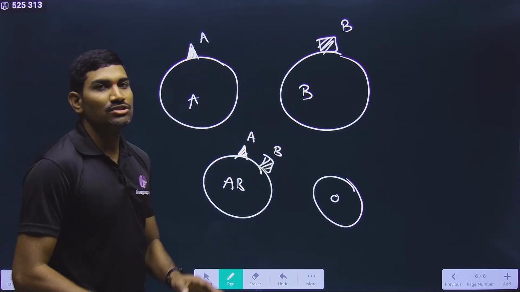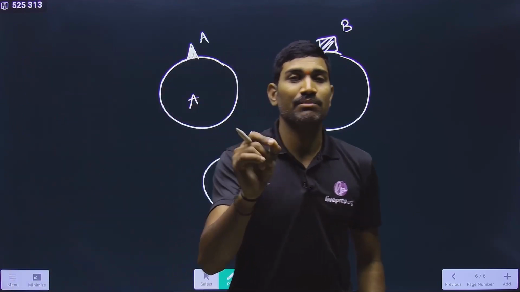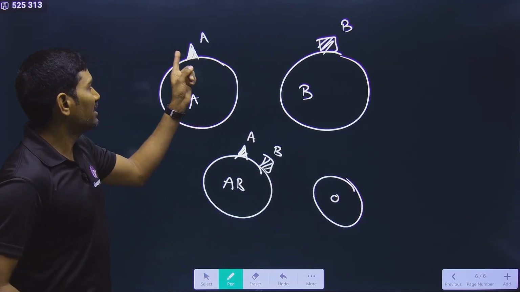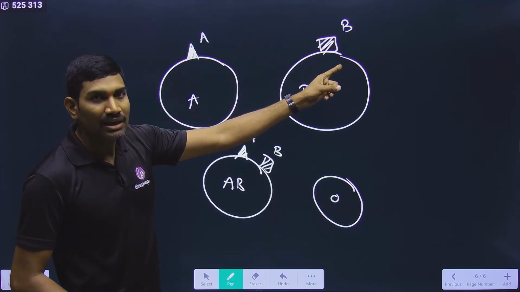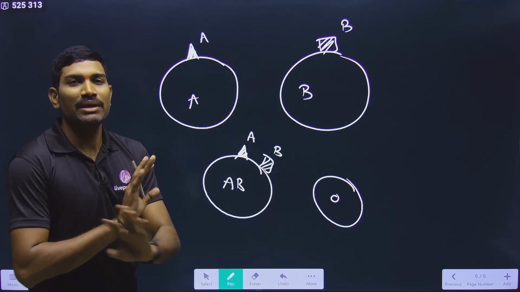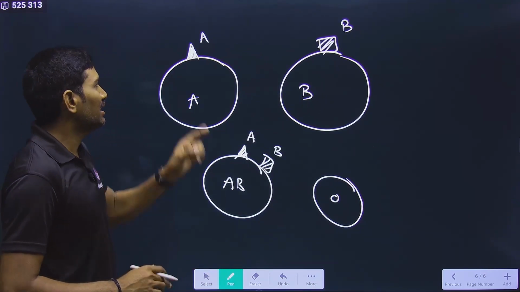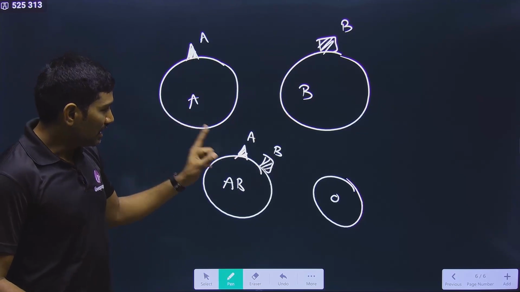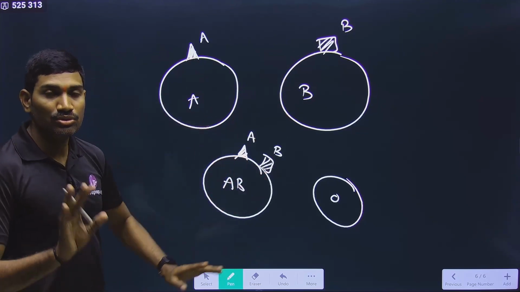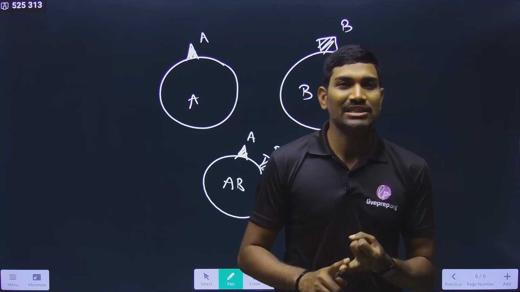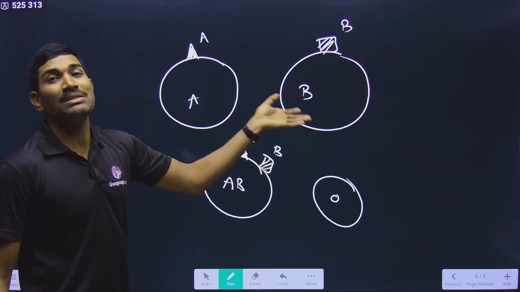These antigens are also sugar polymers, very clearly mentioned in principles of inheritance and variation. Human blood group antigens are A and B. Don't write AB. There is no AB antigen. Many students make mistakes here, writing A antigen, B antigen, AB antigen. This is wrong. You need to say A and B antigens only. There are only two antigens, antigen A and antigen B, present on the RBC plasma membrane.